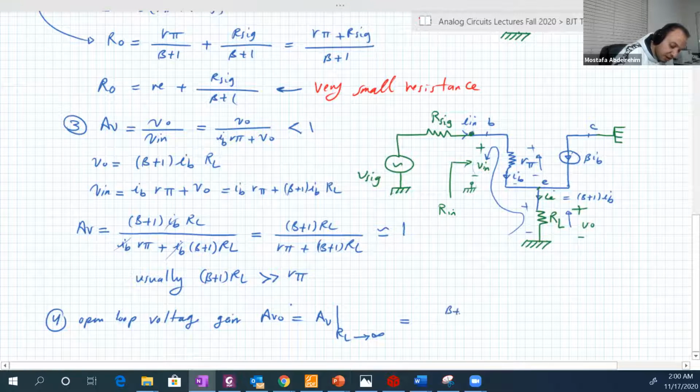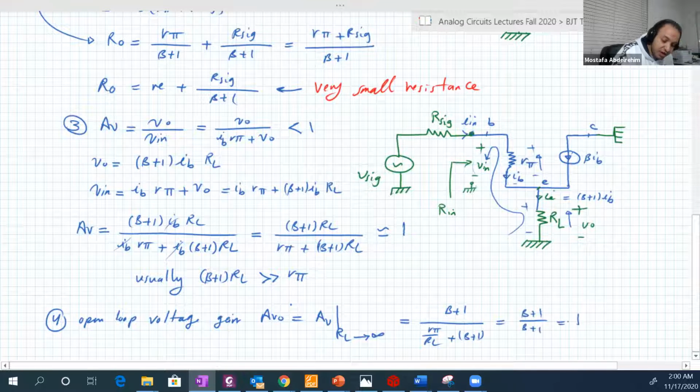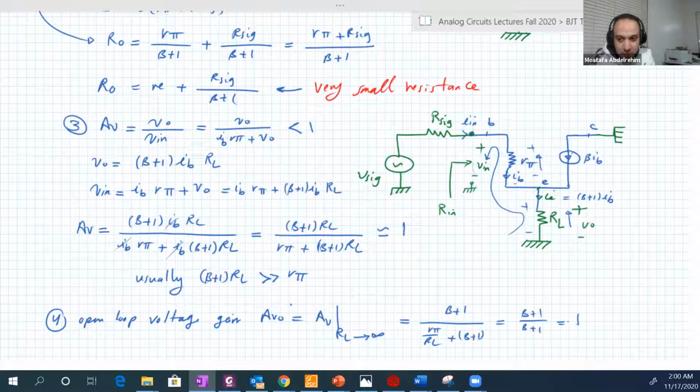So we'll end up with (beta plus 1) over (R pi over RL plus beta plus 1). If RL goes to infinity, we will end up with (beta plus 1) over (beta plus 1), which is 1. So it's clear here from AV naught that the voltage gain is close to 1, even if RL is small. But because it will be multiplied by something in hundreds, like beta, then (beta plus 1) RL will be much larger than R pi. Okay?